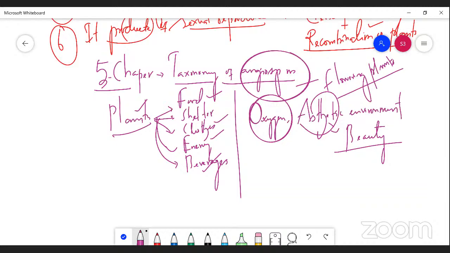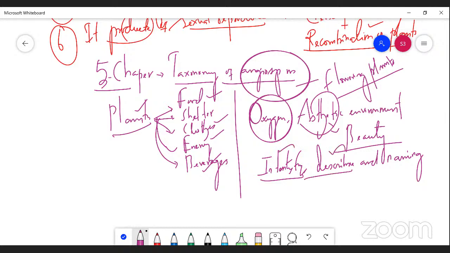Yes. With the help of this knowledge, it helps to identify, describe, and name. You identify, then you describe, and then you give a name for food.